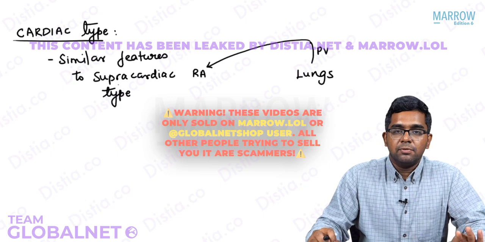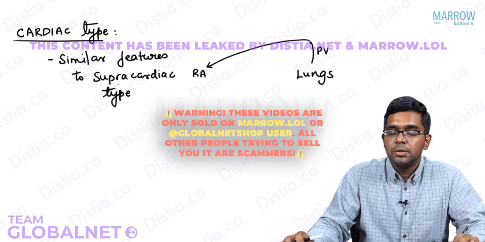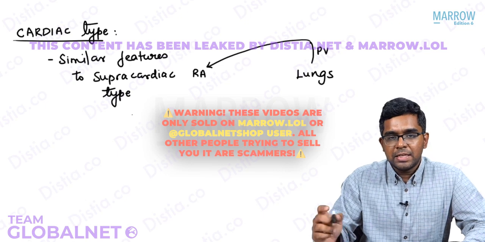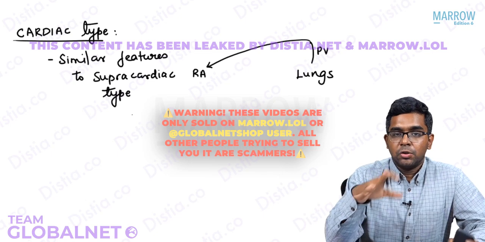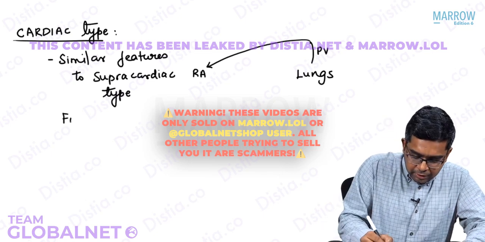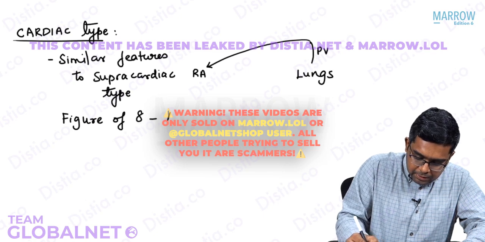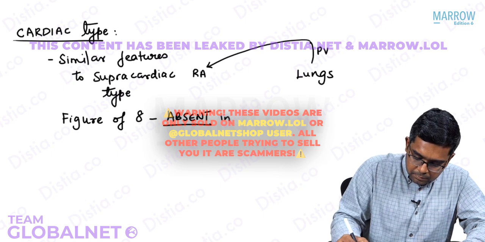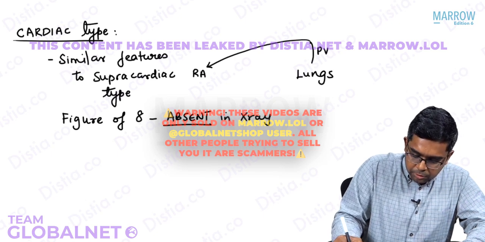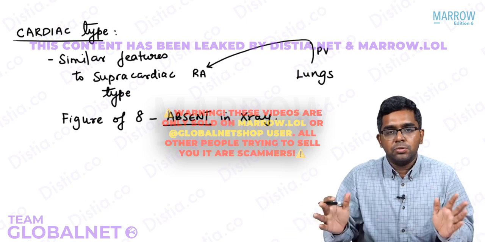They will also have features of ASD, which is wide fixed splitting of the second heart sound. The only thing to be noted is that because the SVC is not involved in these connections, it won't be dilated. Or in other words, the figure of 8 appearance is absent in the X-ray. That is the point to be noted. So all features will be similar except no figure of 8 appearance or no snowman appearance.